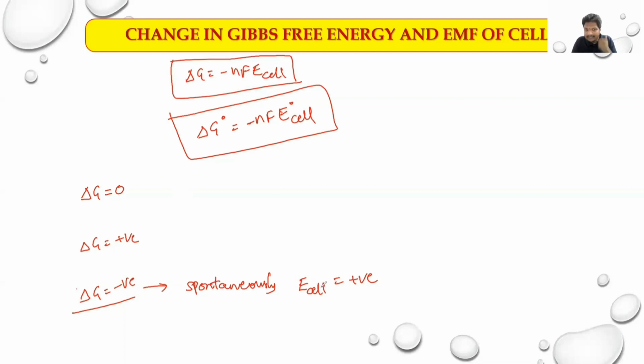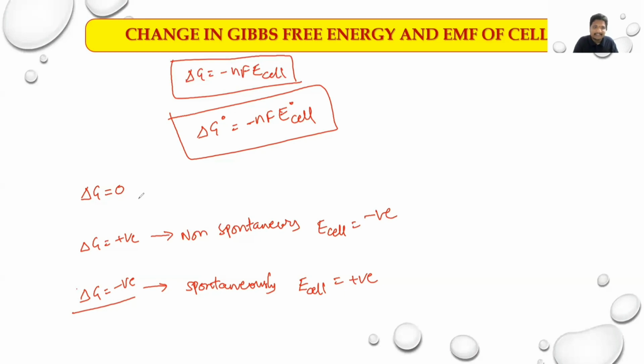If delta G is positive, that reaction will take place non-spontaneously. If the reaction is non-spontaneous, the cell will not work on its own, so E cell will be negative. The cell potential will be negative.